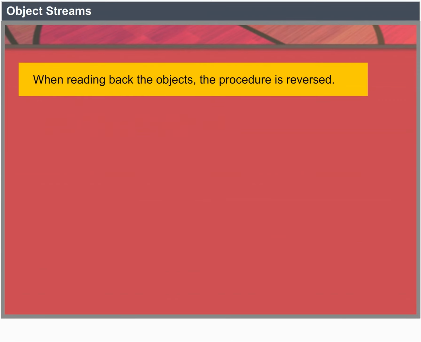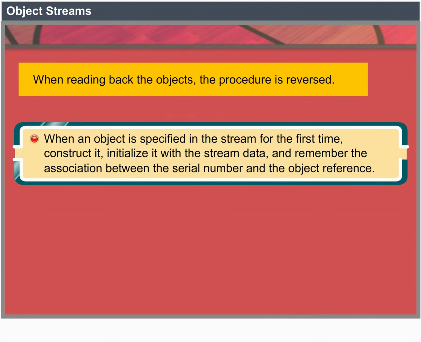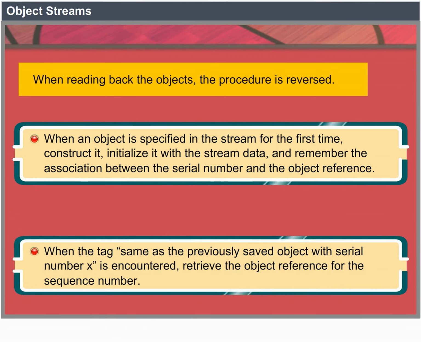In reading back the objects, the procedure is reversed. When an object is specified in the stream for the first time, construct it, initialize it with the stream data, and remember the association between the serial number and the object reference. When the tag "same as the previously saved object with serial number X" is encountered, retrieve the object reference for the sequence number.